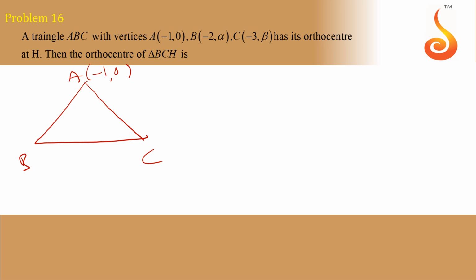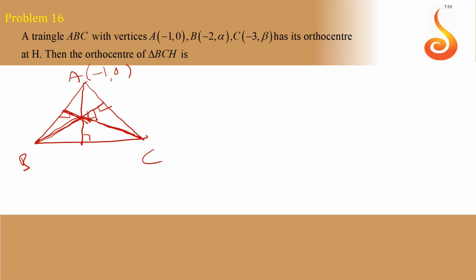Let it have orthocenter H. Then I want the orthocenter of triangle BCH. Orthocenter H means these will be altitudes. Then please observe, the triangle BCH is an obtuse triangle.